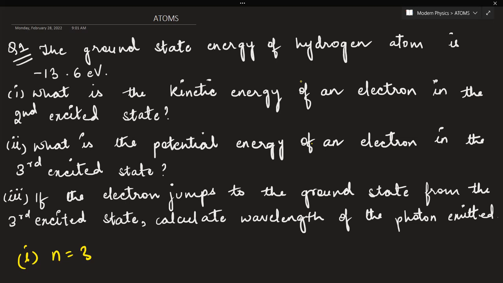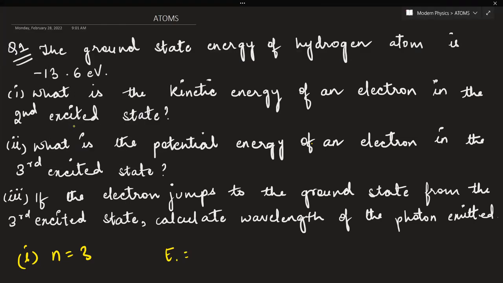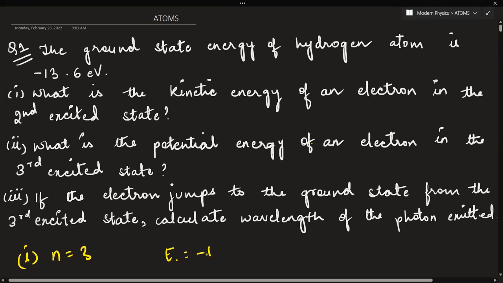So kinetic energy, you can say, or the total energy, you can say. See, total energy, you all know. Total energy's formula we have done right now. Energy in the third orbit. That's why I was saying till fifth, at least remember. Energy in the third orbit is minus 1.51 electron volt. And kinetic energy is negative of the total energy.